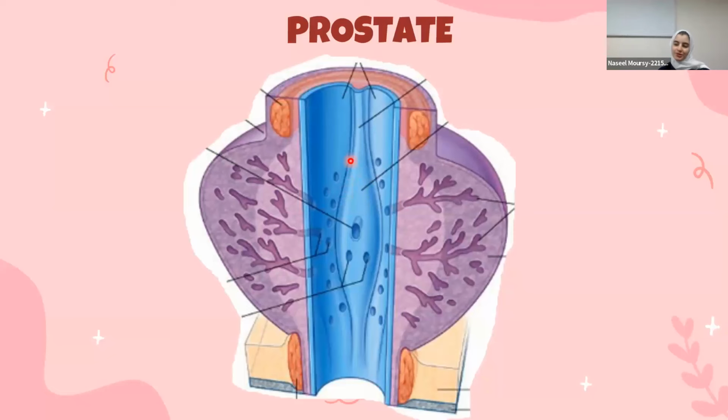You guys want me to tell you? Because this one's a bit confusing. So this is the seminal colliculus. I know it sounds weird, right? But you have urethral crest and then you have seminal colliculus.